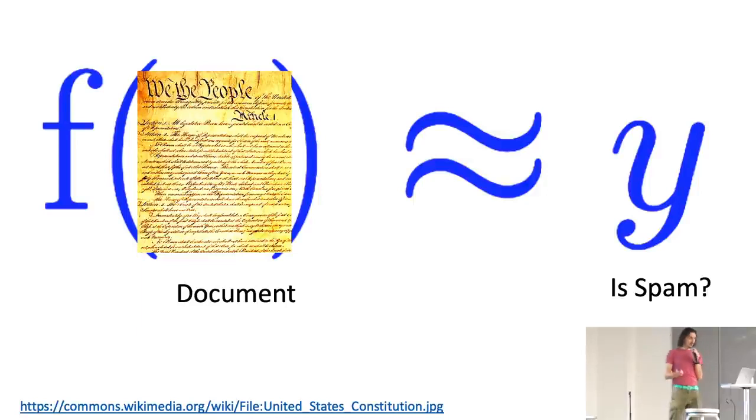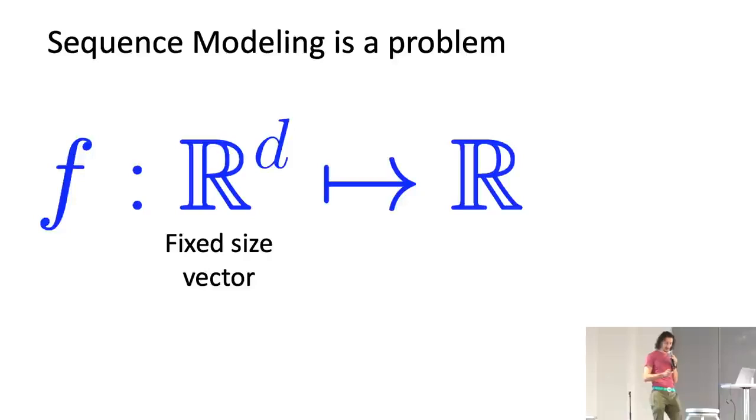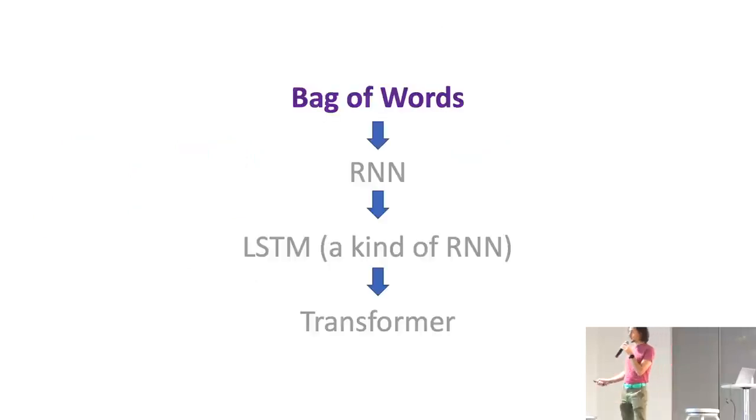And so what this means is that you need to somehow take your document and represent it as a fixed size vector, because I'm not aware of any linear algebra that works on vectors of variable dimensionality. And the challenge with this is that documents are of variable length. Right? So you have to come up with some way of taking that document and meaningfully encoding it into a fixed size vector.